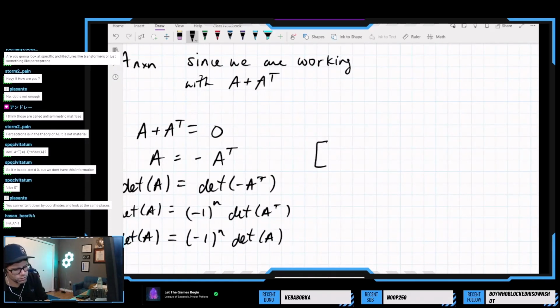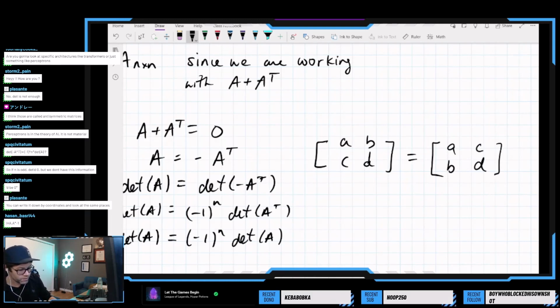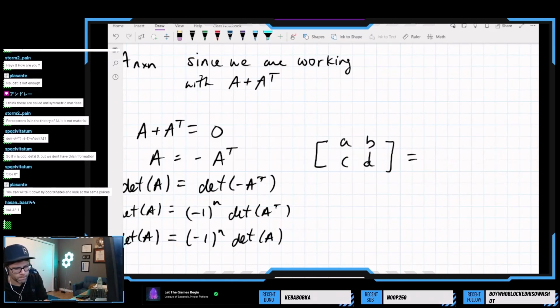If I just do a 2 by 2, like A, B, C, and D, then this is saying that my transpose, A, C, B, and D, these have to be negatives of each other. So that gives me some information about B and C, I suppose, right? And this must be multiplied by -1.